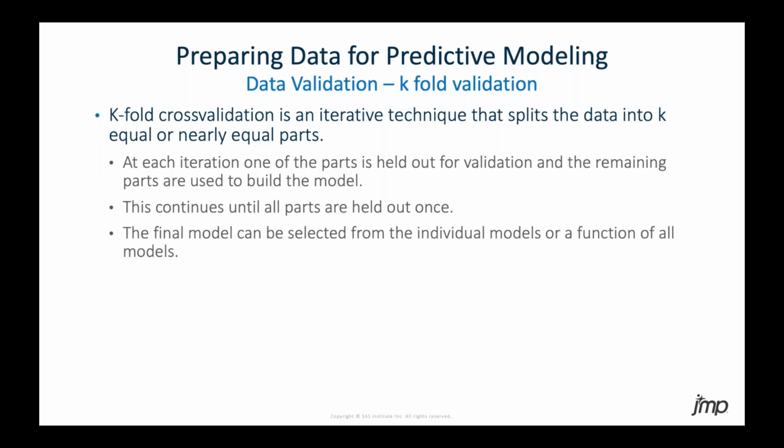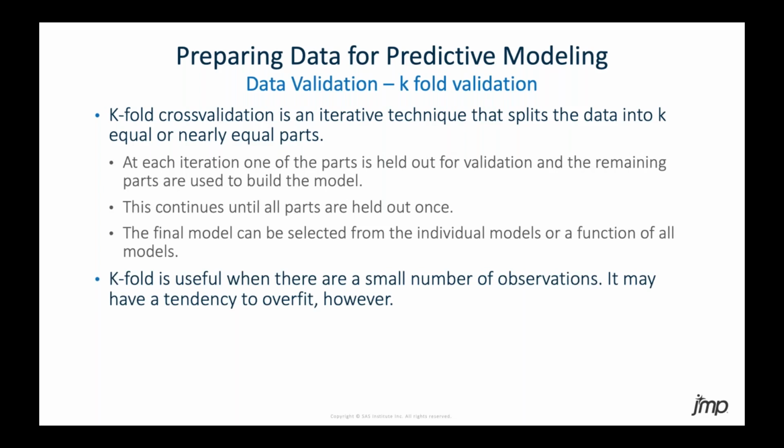And then at the end, the final model gets picked from my group. I use some weighted average. There's different things that I can do. Again, implemented in most software packages. I saw implementations of how you do this in R. So very, very common technique. It's great for very small data sets.